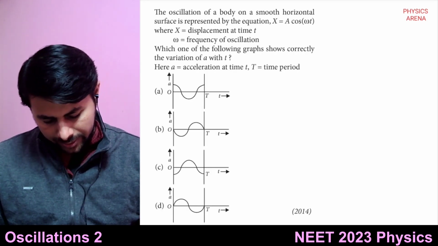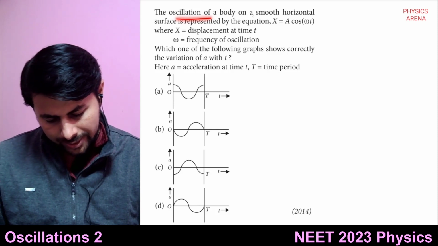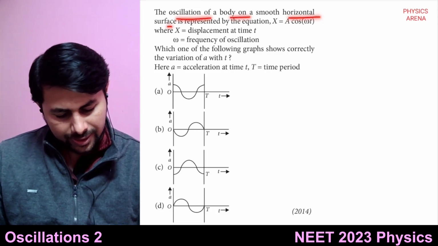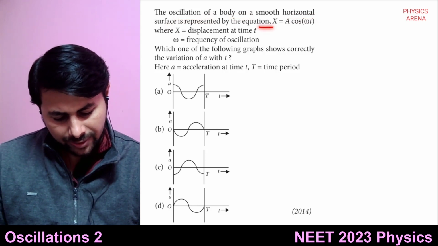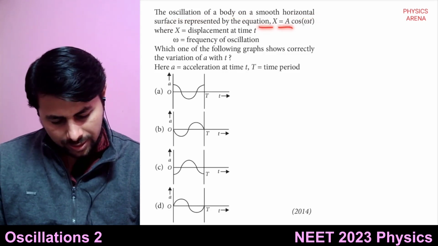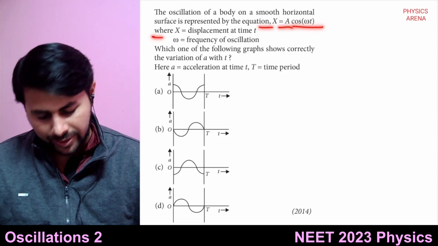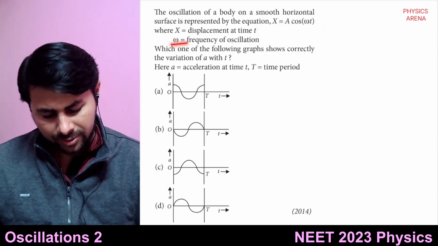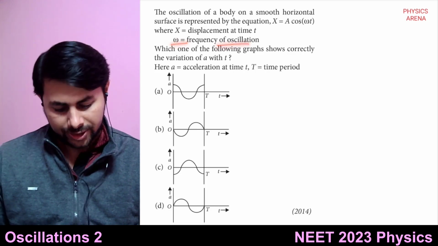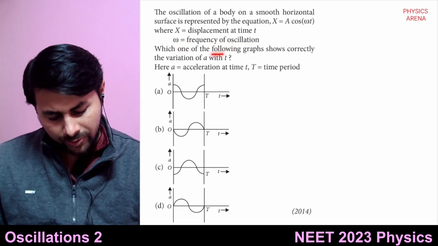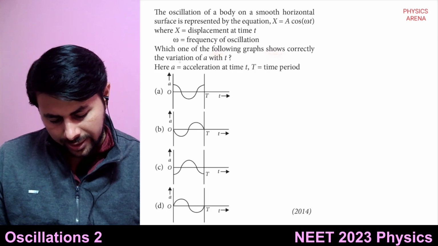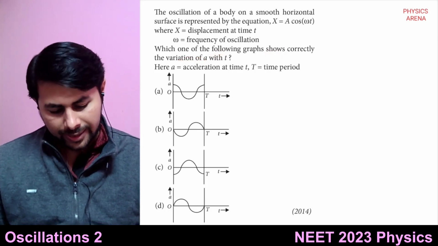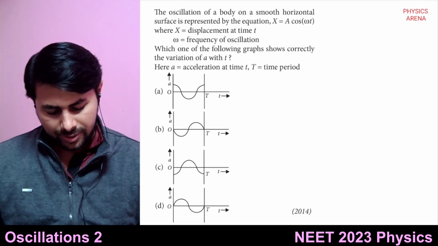Next question. The oscillation of a body on a smooth horizontal surface is represented by the equation x is equal to a cos of omega t, where x is the displacement at time t and omega is the frequency of oscillation. Which one of the following graphs shows correctly the variation of a with t? Acceleration with t. Tell me.